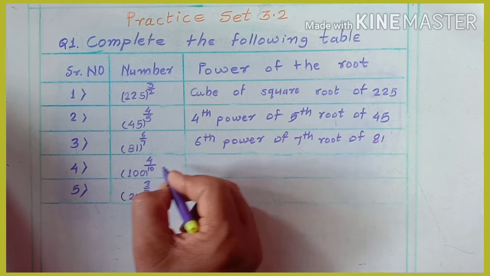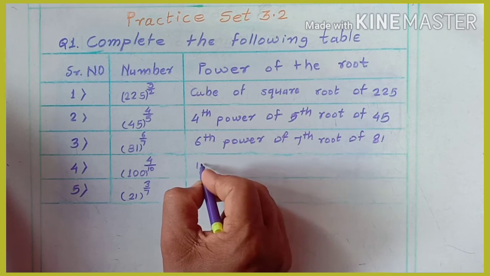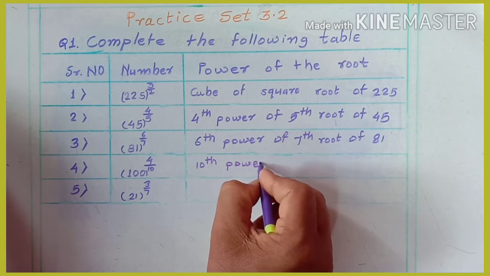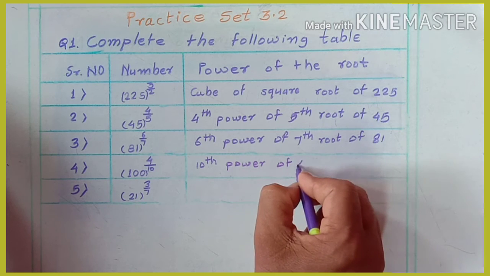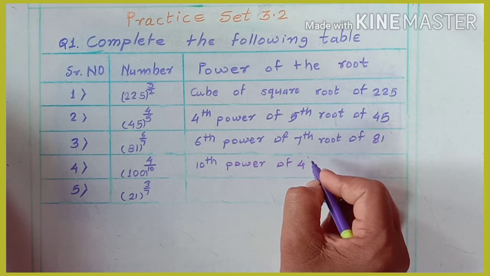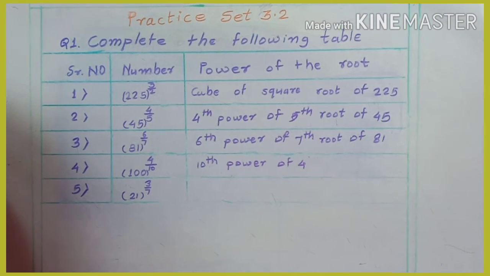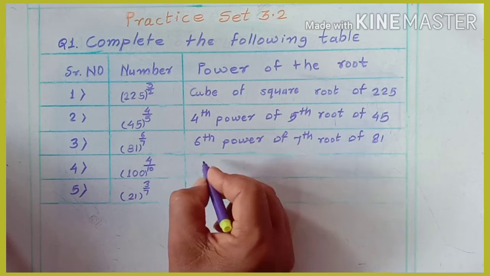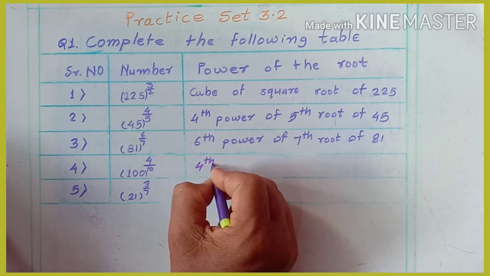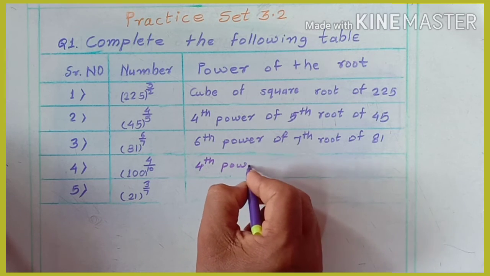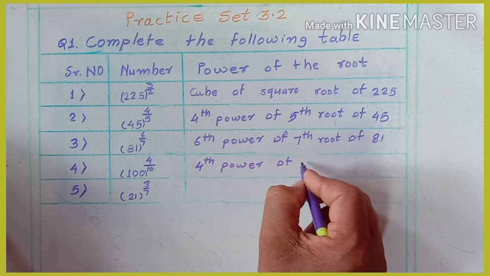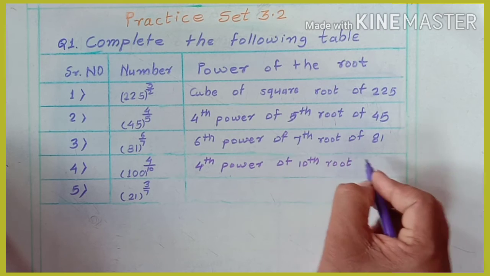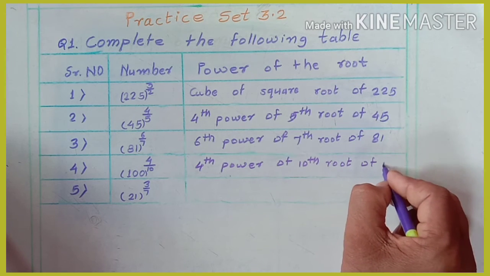100 raised to 4 upon 10. Answer: 4th power of 10th root of 100.